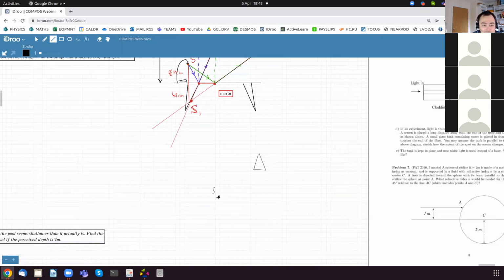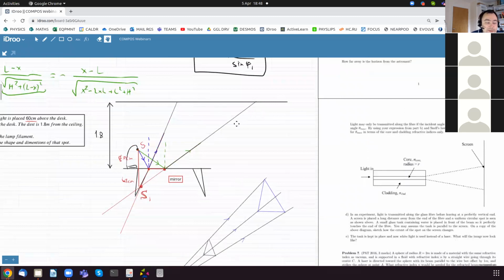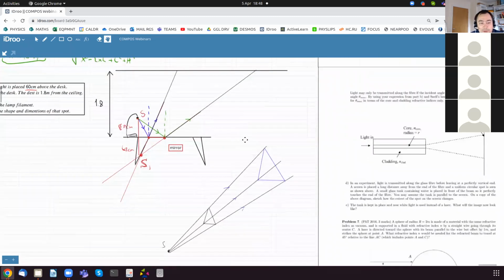If you shine light through a triangular window, you will see that in fact it will create just an enlarged version of your triangle, like this. So it's going to be triangular shaped, and we just need to find the factor of enlargement.